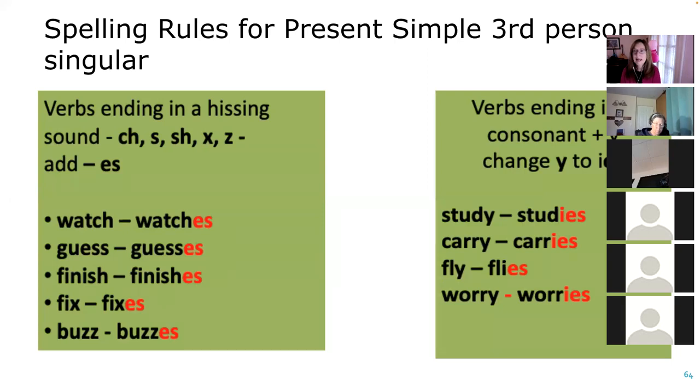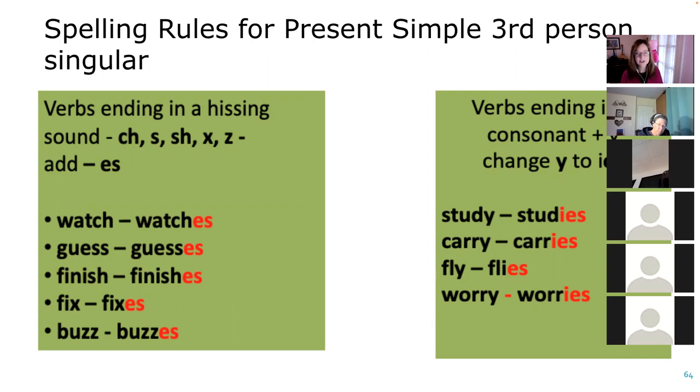If the verb ends in a consonant and then the letter Y, and remember your consonants are the letters of the alphabet except A, E, I, O, U, which are the vowels, then you're going to change that Y to IES.